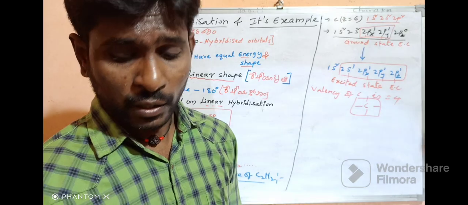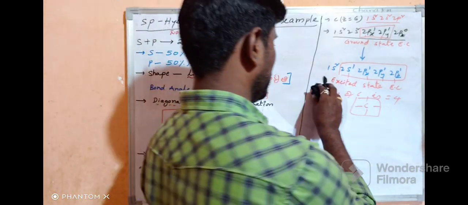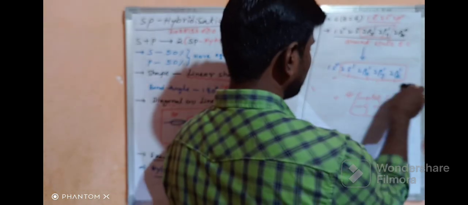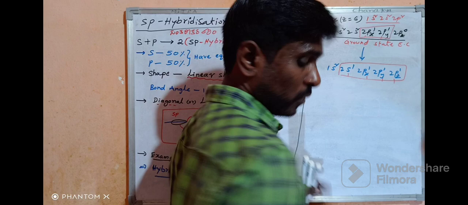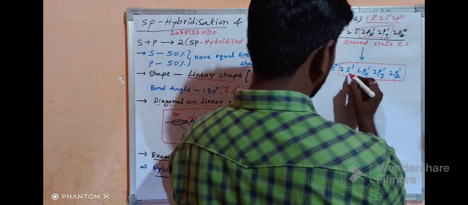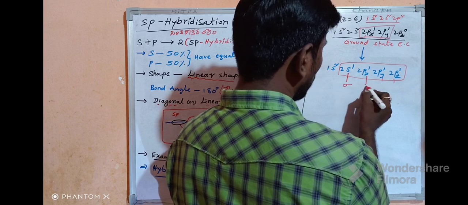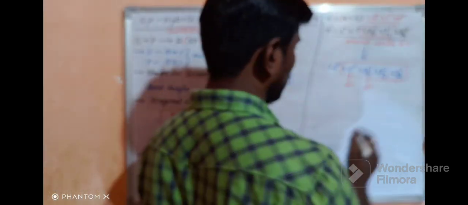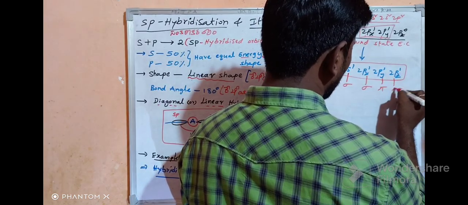The remaining orbitals are involved in pi bond formation. In the excited state, 2s1 and 2px1 are involved in sigma bond formation, 2py1 forms a pi bond, and 2pz1 also forms a pi bond.